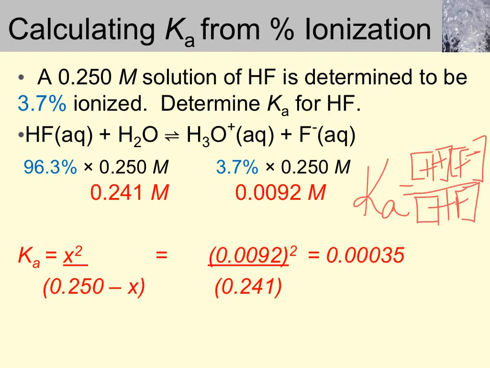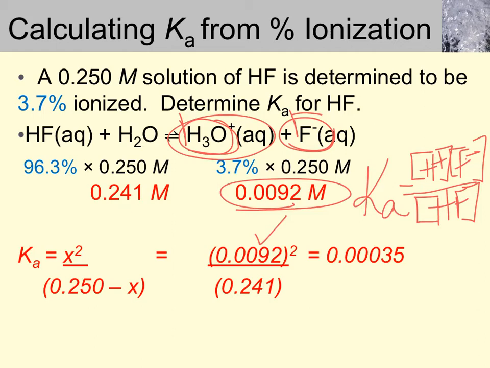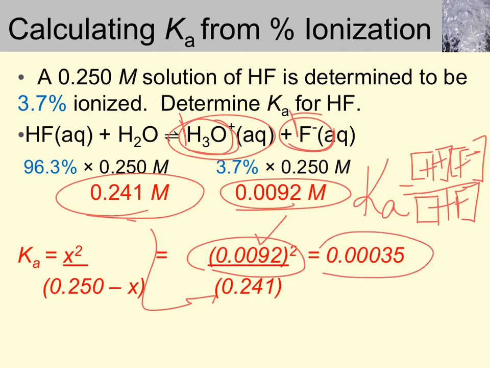So we just calculated that the concentration of hydronium ion is 0.0092, and from stoichiometry you can see that for every one hydronium that's formed, there's also one fluoride formed. So the numerator is actually 0.0092 times 0.0092. We also calculated the equilibrium concentration of hydrofluoric acid is 0.241, and that gives us a Ka value of 0.00035.